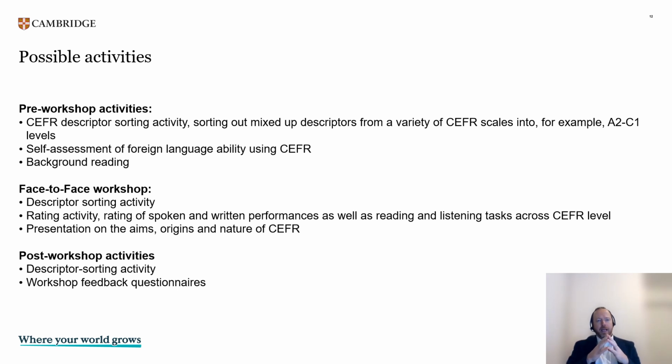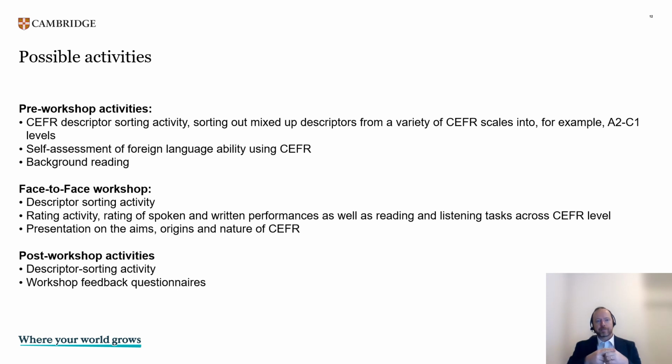Okay, so from the last slide, you're familiar with the familiarization activities that have to happen. Now, what can you do to do that? Well, here's an example. You can take the descriptors from the CEFR. How you do this, digitally or paper-based, is entirely up to you. We still do them paper-based because it's good for people in the room.